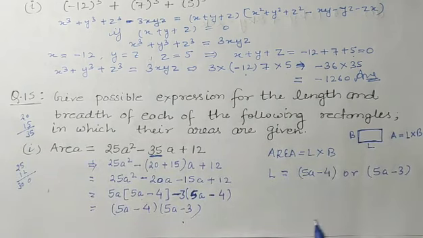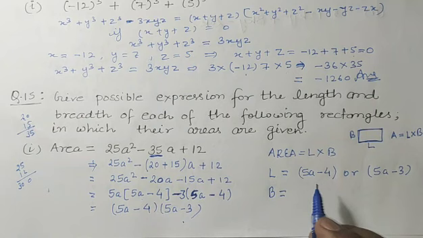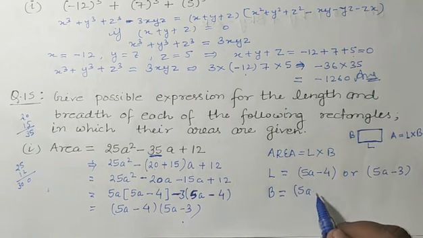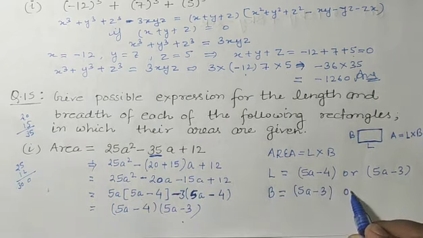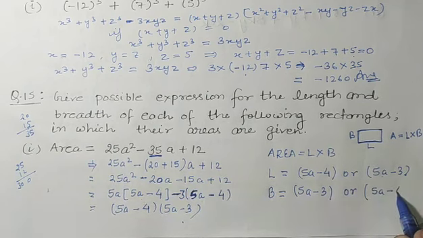In these two, either length will be 5a minus 4 or 5a minus 3, and if length is 5a minus 4, at this time breadth will be 5a minus 3. Or the second condition is when the length is 5a minus 3, then the breadth will be 5a minus 4.